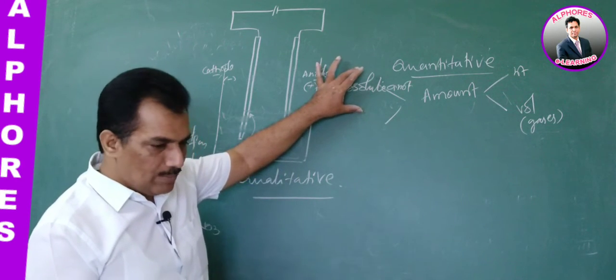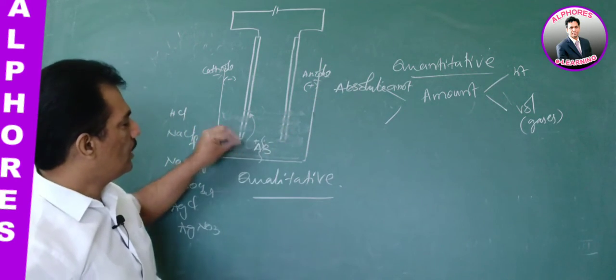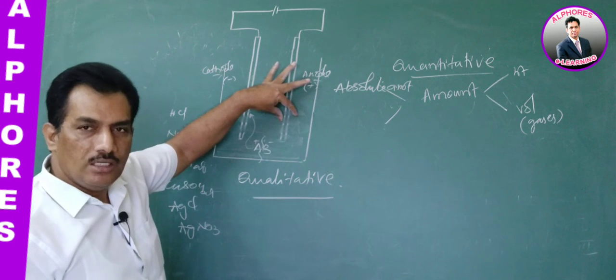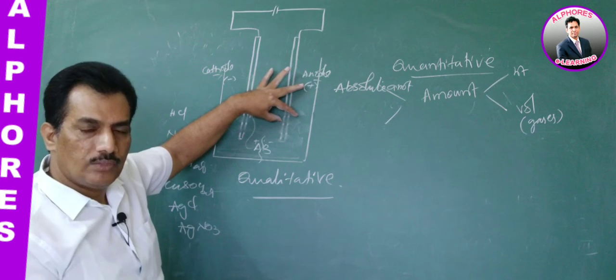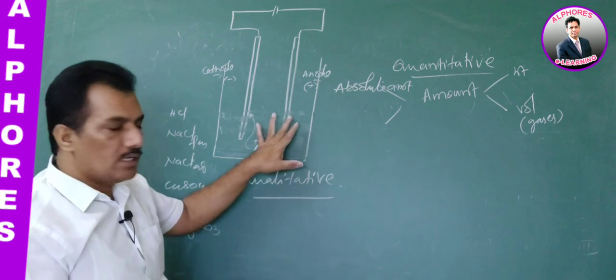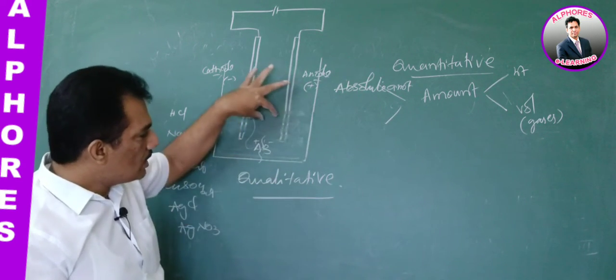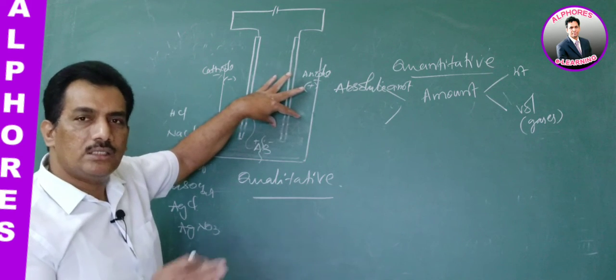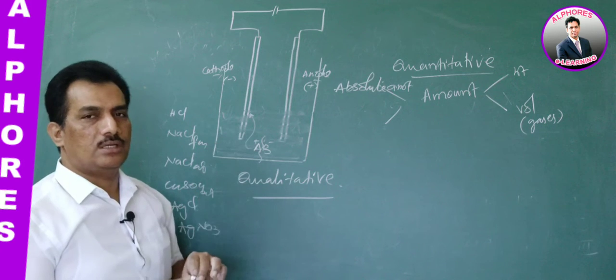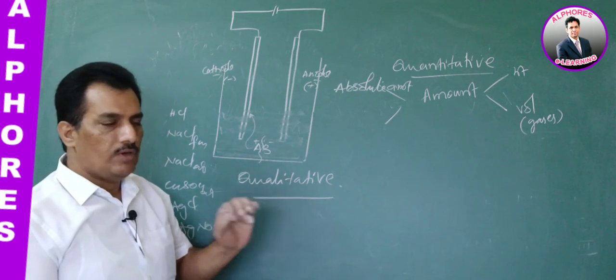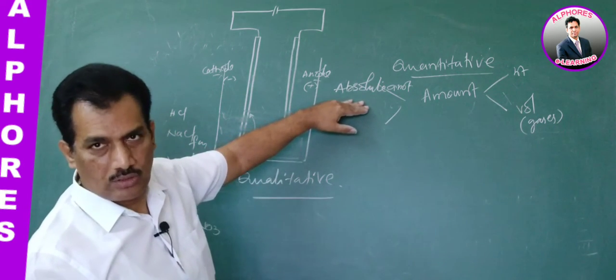Absolute amount is, say for example, how much B is deposited or released here. That's all. We are not comparing it with any other product formed at other electrodes. Just how much B is released, only on its own. When we measure that, it is known as absolute amount.